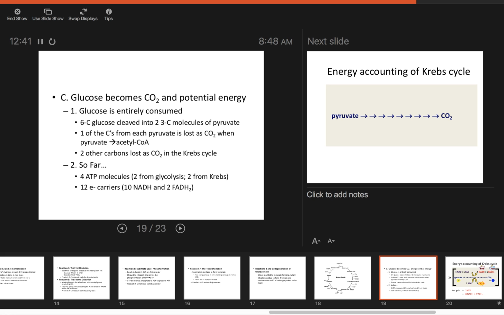We've generated 12 electron carriers, 10 NADH and 2 FADH. 8 of these came from the Krebs cycle, 2 from glycolysis. So this is all just Krebs cycle, not the glycolysis. 8 from the Krebs, 2 from glycolysis. This is Krebs.